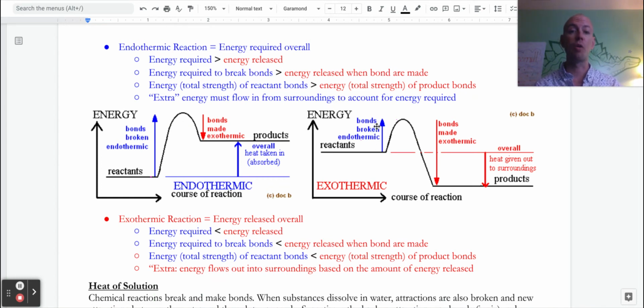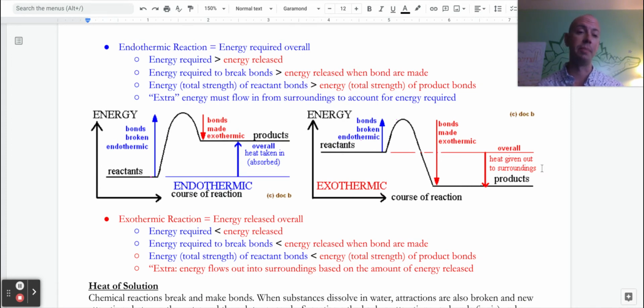So the energy required, though, is less than the energy released because the total energy of the reactant bonds, which are the broken bonds, is less than the total energy released when the product bonds are made. We've got a small uphill and a large downhill. Overall, we still may need to put in a little bit of energy to start, but then these reactions very often continue on their own.